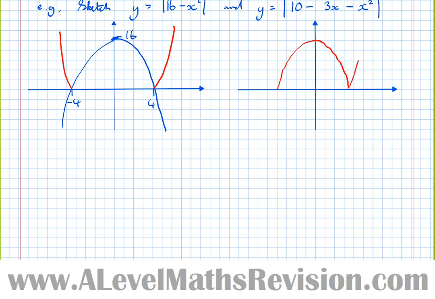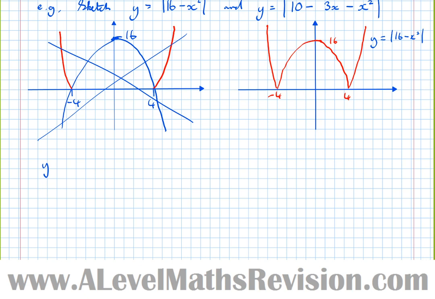It's better. And make it pointy like that. -4, 4, 16. Labeling it clearly. Y equals mod of 16 minus x squared. Cross that out. We don't want that marked.